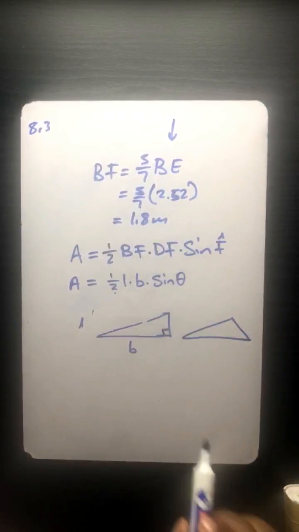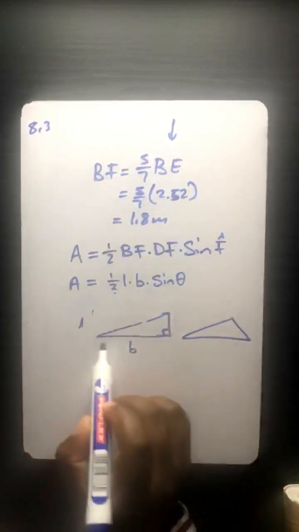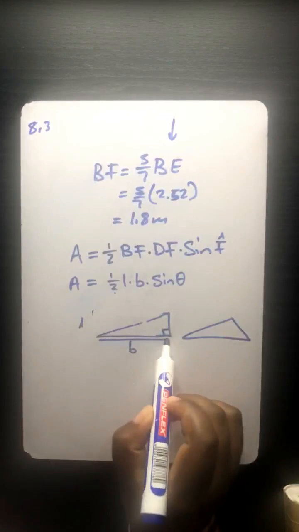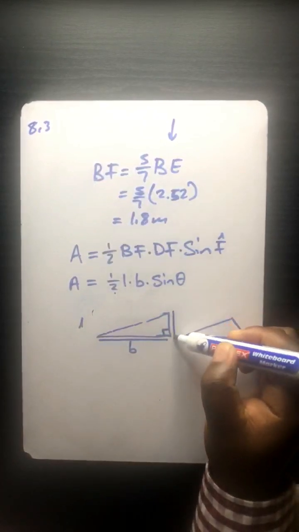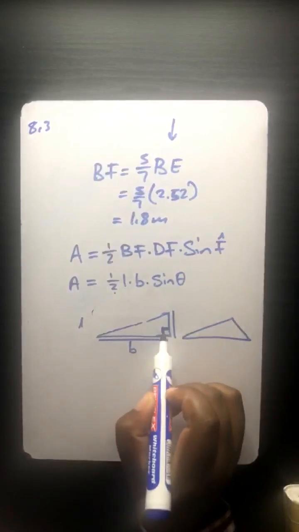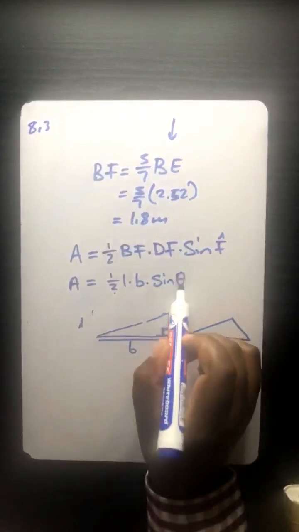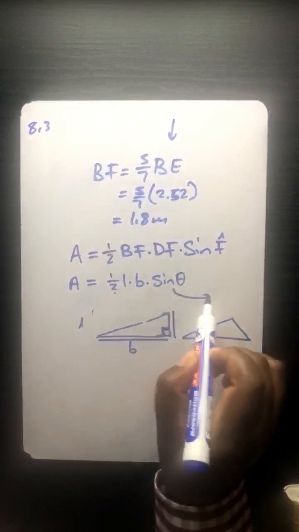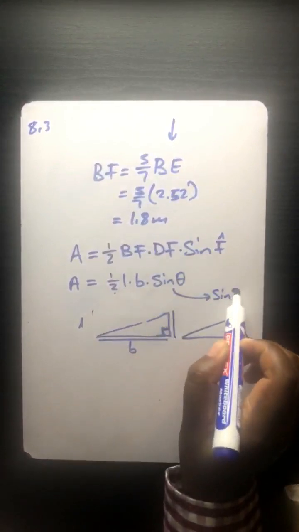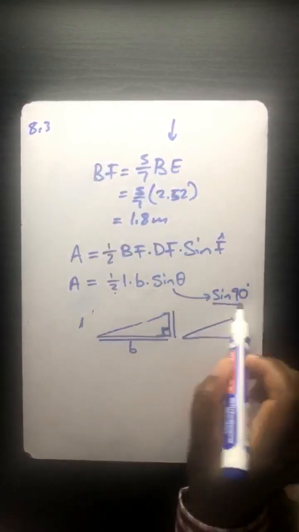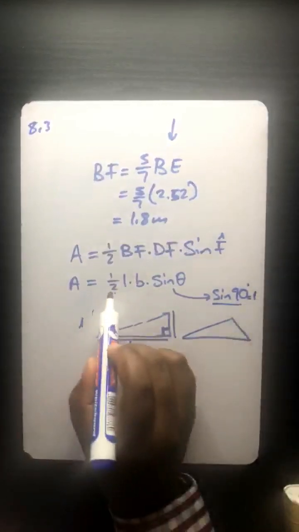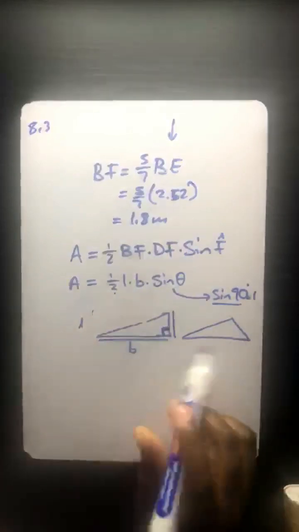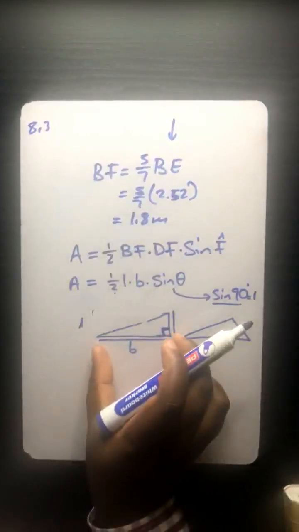So can you guys see? With this one, you're just going to have this multiplying by that. So this is 90 degrees. If you like, you can substitute 90 degrees there. I'm suspecting when you say sine of 90 degrees, it gives you 1. That is why it just ends up being half LB for a right angled triangle.